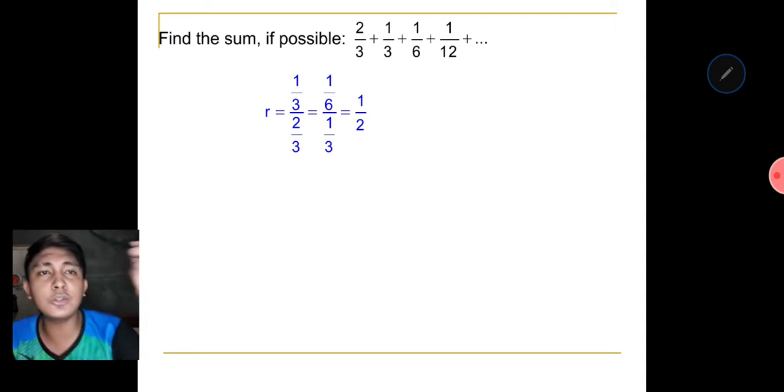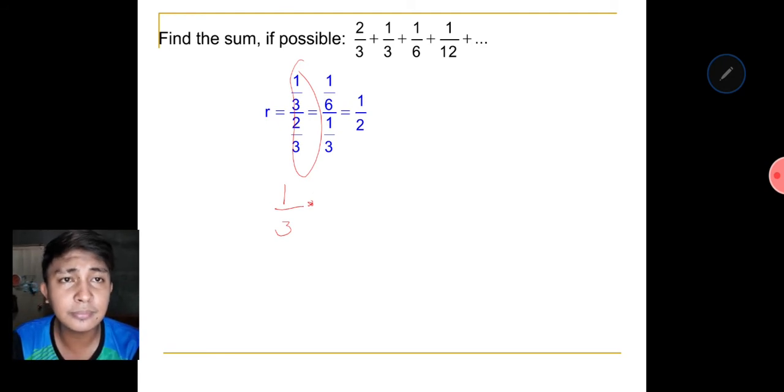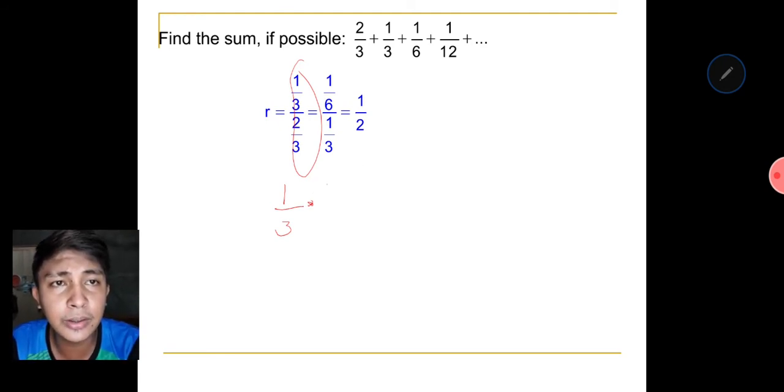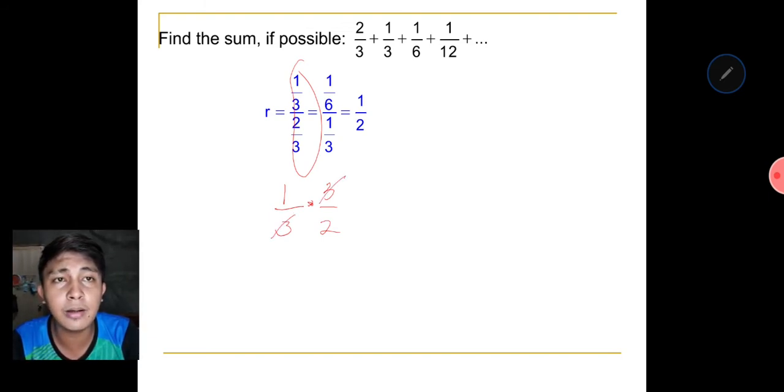So check natin kung paano nakuha yung ito. So 1/3 divided by 2/3 is the same as 1/3 times 3 over 2. Okay, so we have 1 times 3 divided by 3 times 2, or cancel out para ma-simplify. So we have now 1/2.